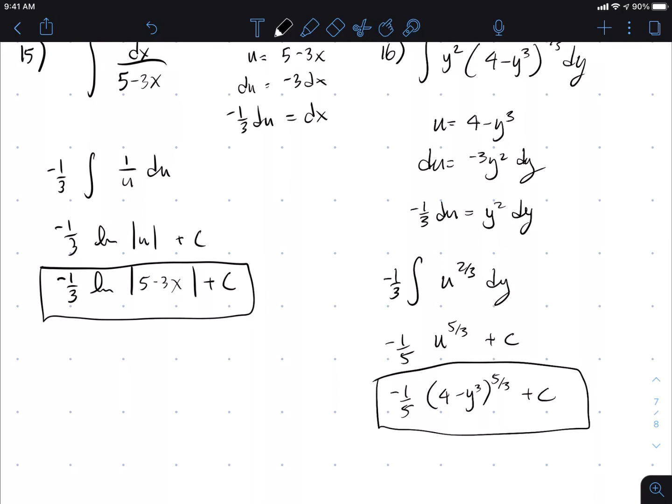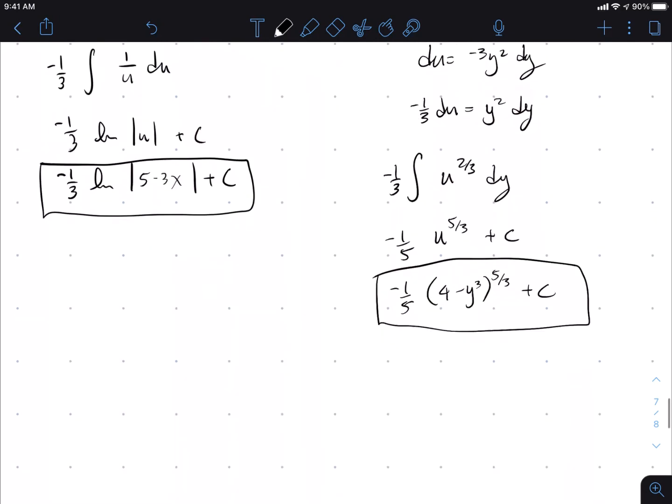Just trying to simplify our life a little bit. Does anyone need me to show the step on how I got the u to the 5/3, or do you guys now get the power rule pretty well? Good. Okay.